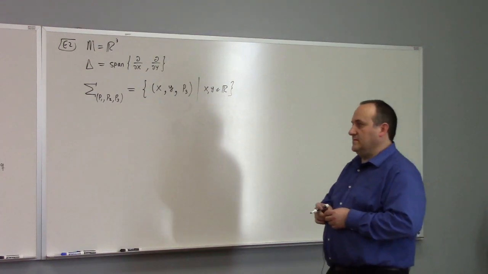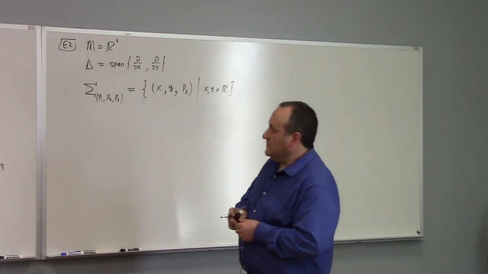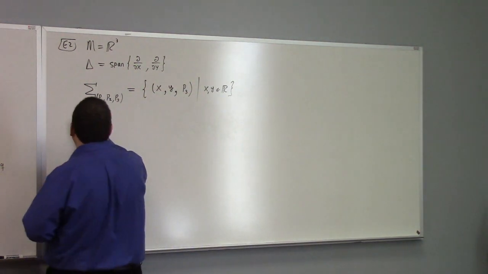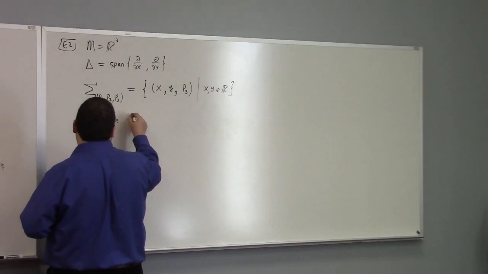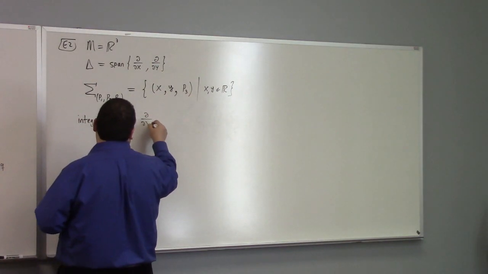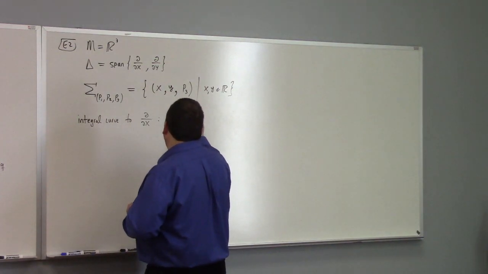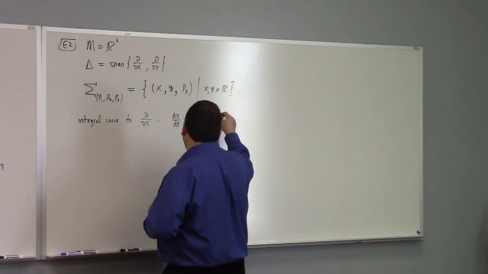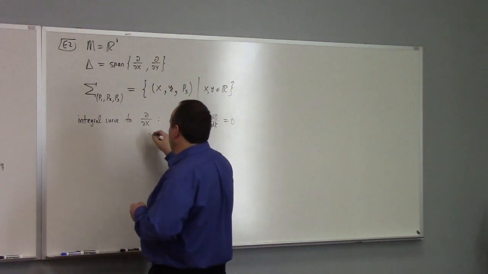So, okay, what are the integral curves to partial x? We are looking for dx/dt equals 1 and dy/dt equals 0. How about to partial y?